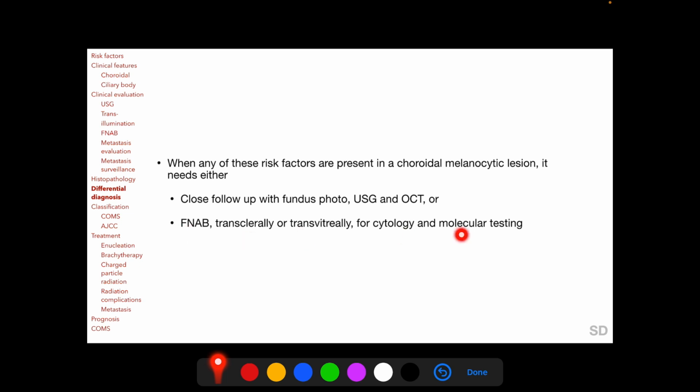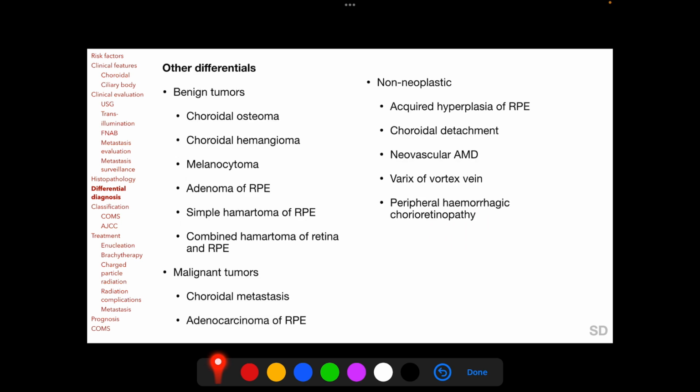Among the other differentials of choroidal melanoma, we have benign tumors such as choroidal osteoma, choroidal hemangioma, melanocytoma, adenoma of RPE, simple hamartoma of RPE, and combined hamartoma of retina and RPE. Among malignant tumors, we have choroidal metastasis and adenocarcinoma of RPE.